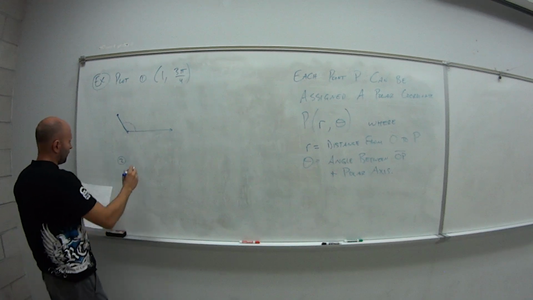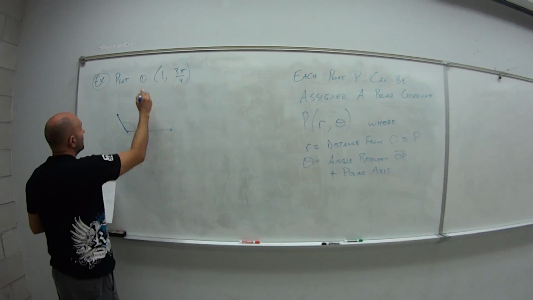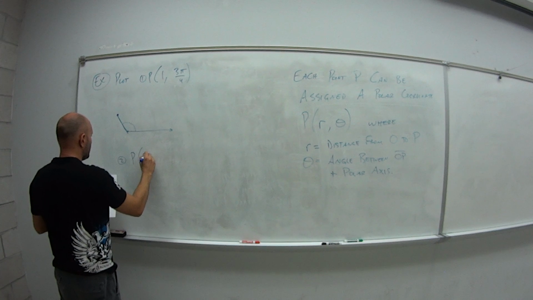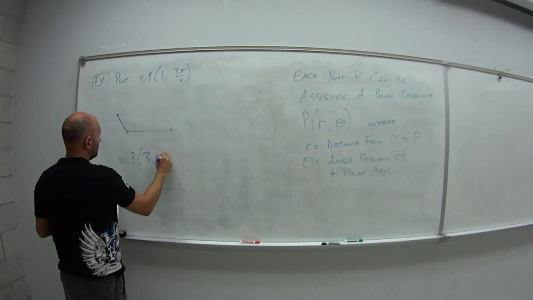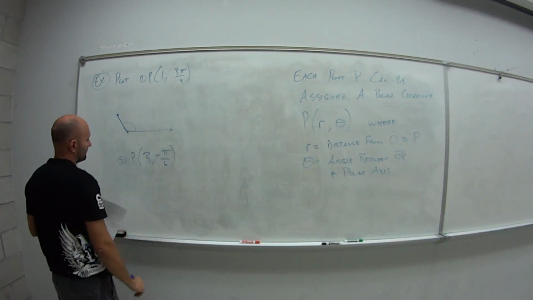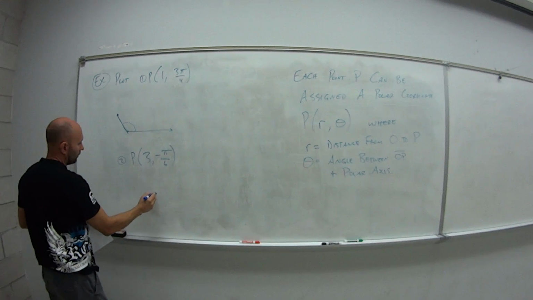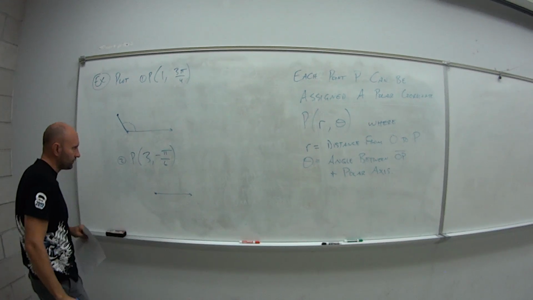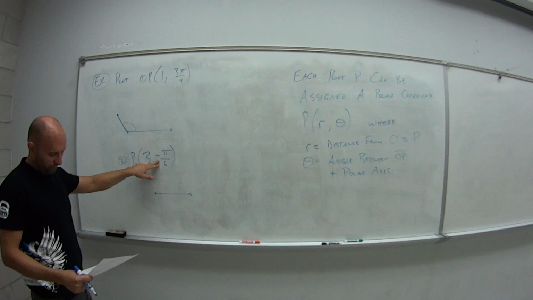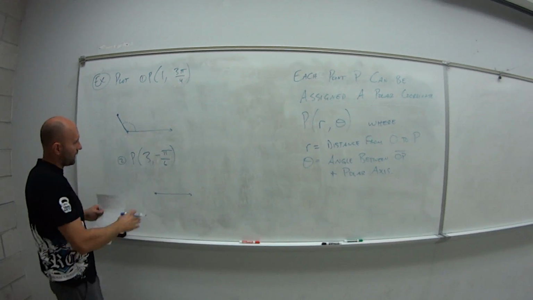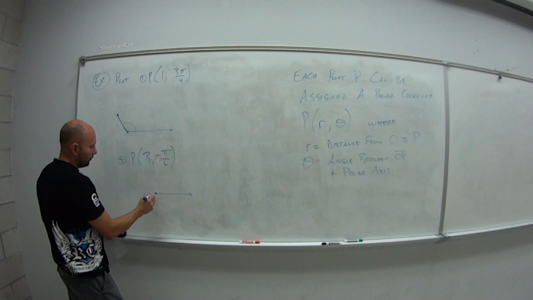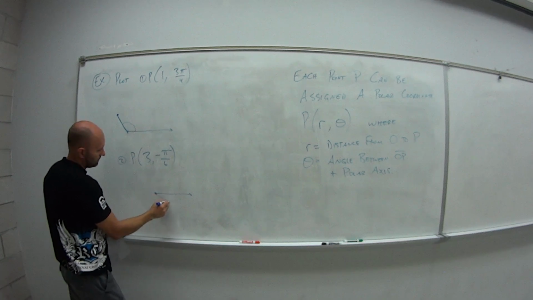What if I have the point (3, negative pi over 6)? Well, again, I'm going to start with my polar axis, move in the direction of theta. So that's minus pi over 6. Because it's negative, I'm moving which way? This way, right?